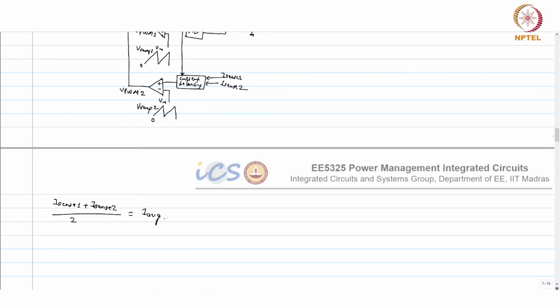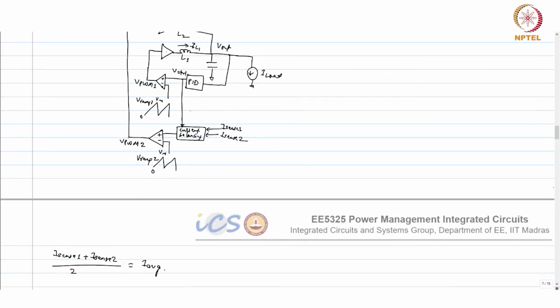So, you compare each current with I average and see if it's higher or lower, and then based on that you decide whether the duty cycle needs to be increased or decreased. So, same thing is required. We don't have space here, but the same thing is required on the other side also, because you don't know which one needs to be increased or decreased. Okay. So, basically on one side you have to increase, on the other side decrease.